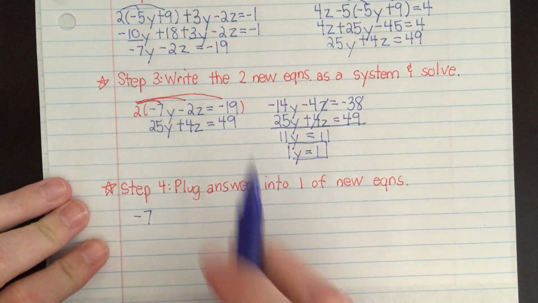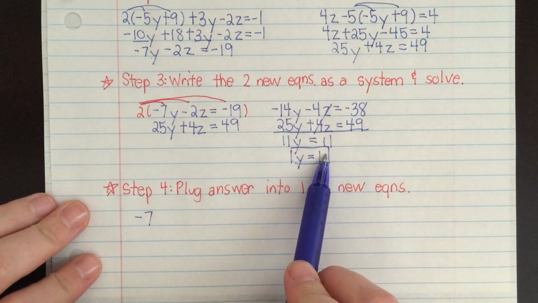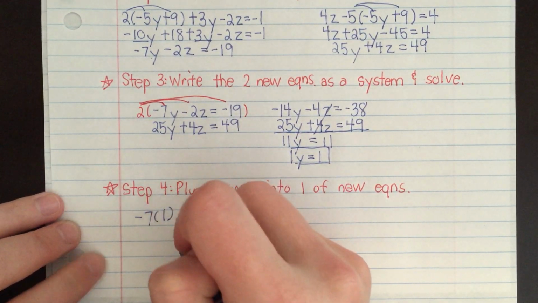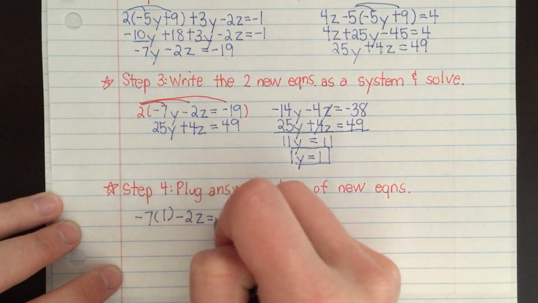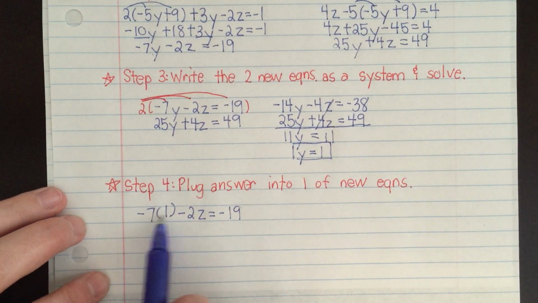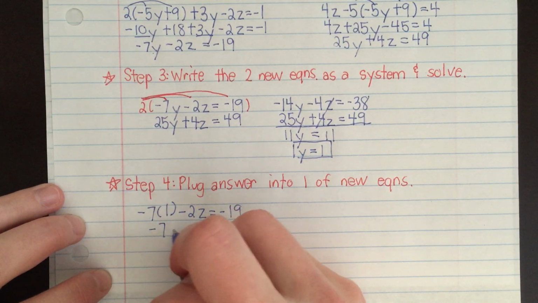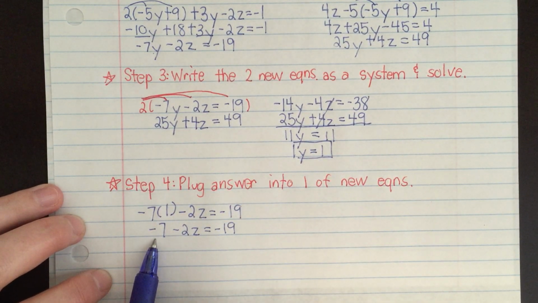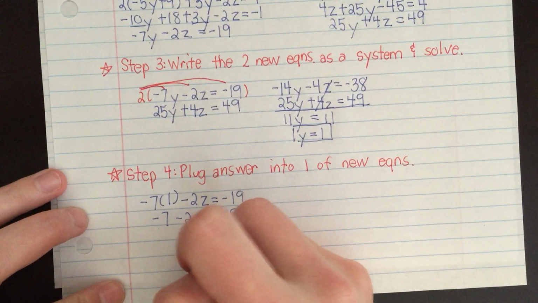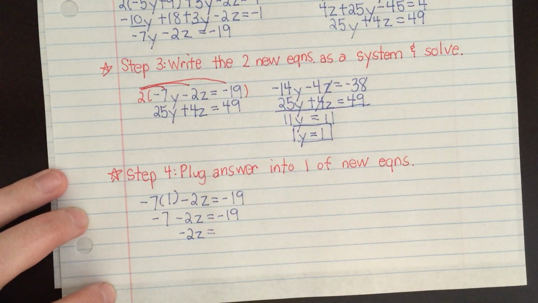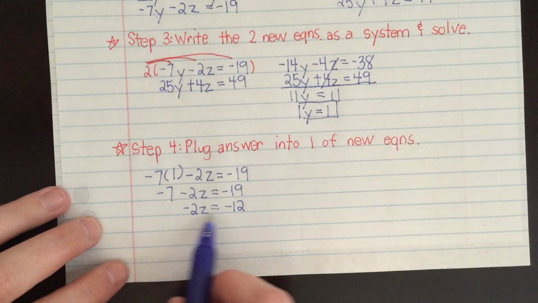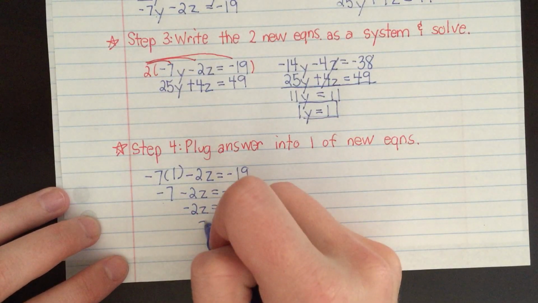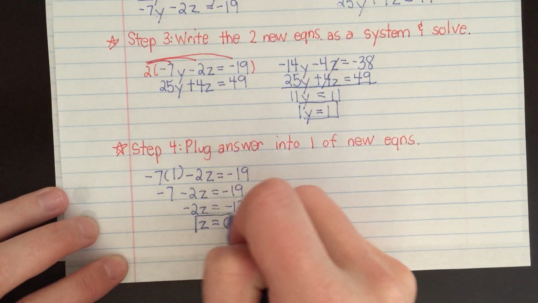Negative 7, where I see y, I'm replacing it with 1, minus 2z equals negative 19. So that gives me negative 7 minus 2z equals negative 19. I add 7 to both sides and get negative 2z equals negative 12. Then divide both sides by negative 2, which gives me z equals 6.